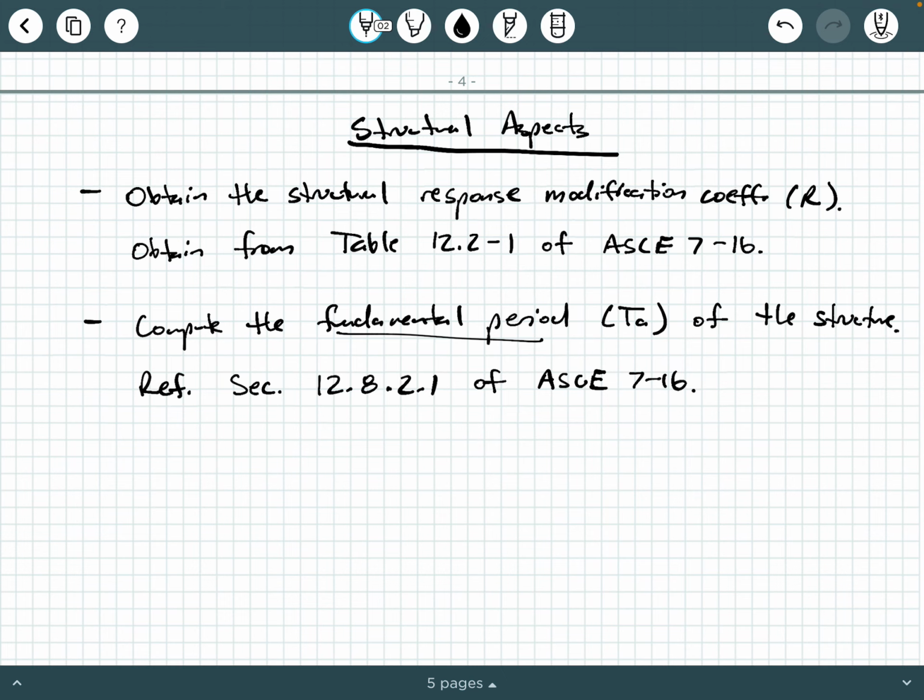The most popular one we're typically going to use, T sub A equals C sub T H sub N raised to the X power, okay? Now, again, there's some different formulations for T sub A, but this is the most common one we're going to use, okay? But read through ASCE 7 and the textbook so you're kind of familiar with it, okay?